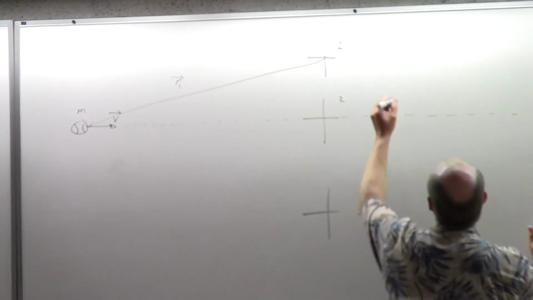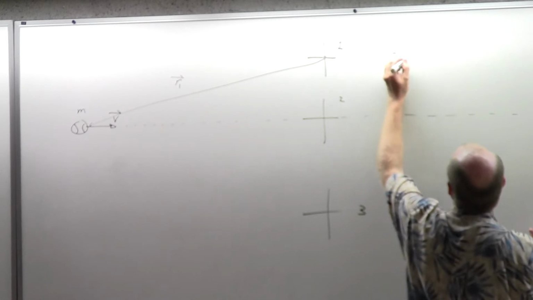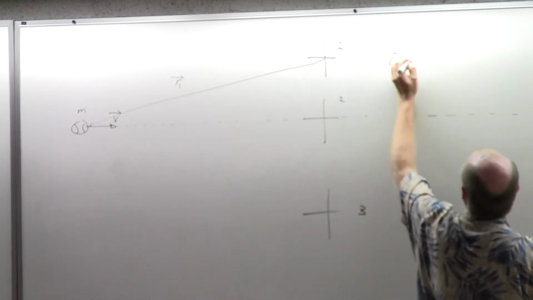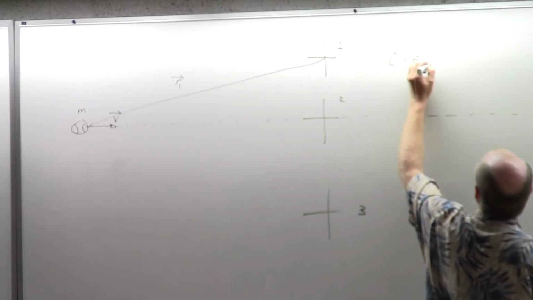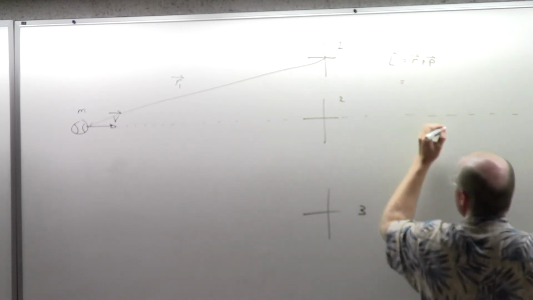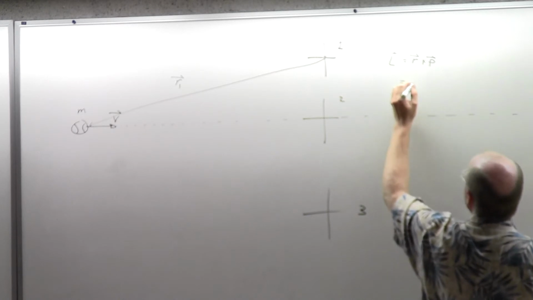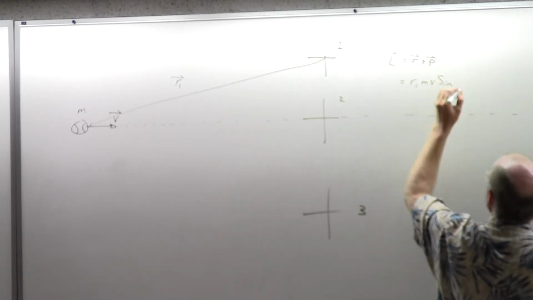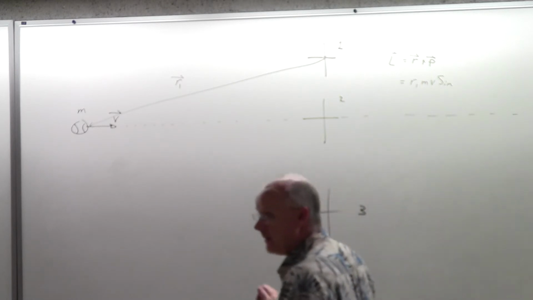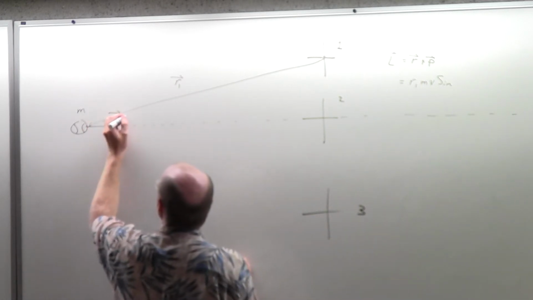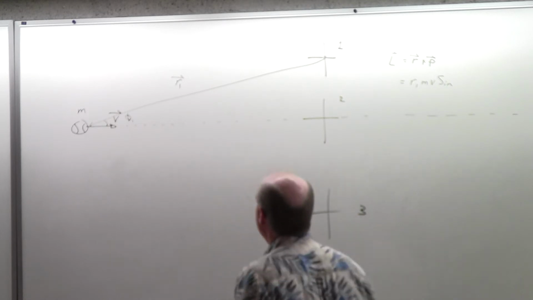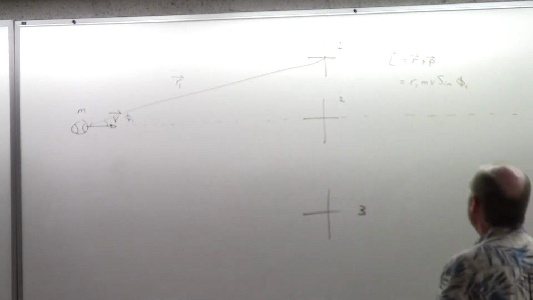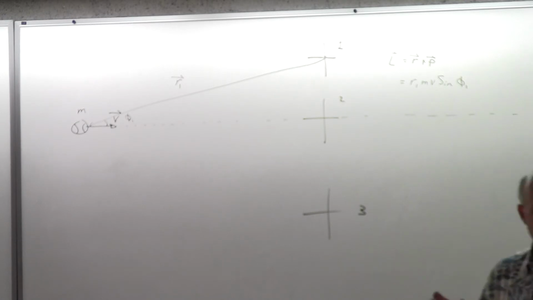And so when I go to calculate the angular momentum, I would say it is an R cross a P. Its magnitude would be R1 m v sine of the angle between them. And so I'll put phi 1 there, sine of phi 1. And so that would be the calculation in terms of magnitude.